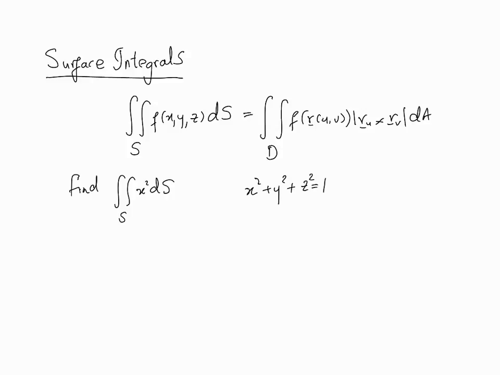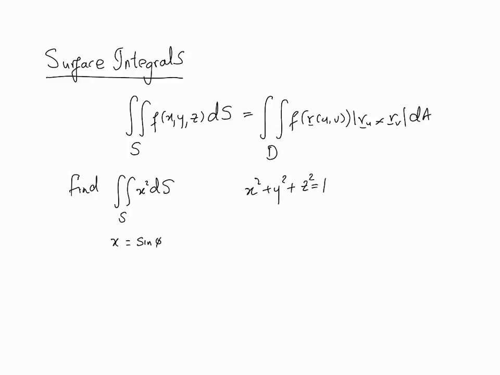So here is a surface integral, and we want to integrate it over the surface, the sphere, x squared plus y squared plus z squared equals 1. In order to do this, we have parameterized the sphere before. Basically, we will use the spherical polar coordinates, which fit quite well here.